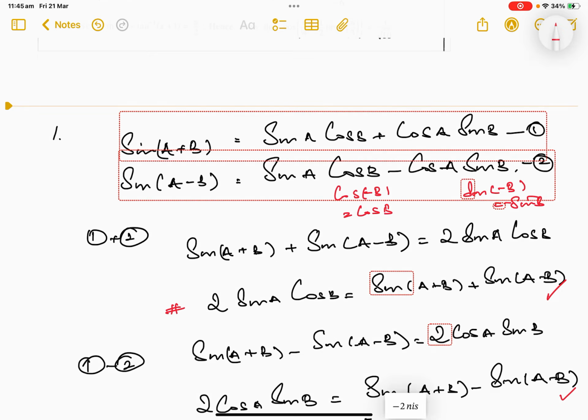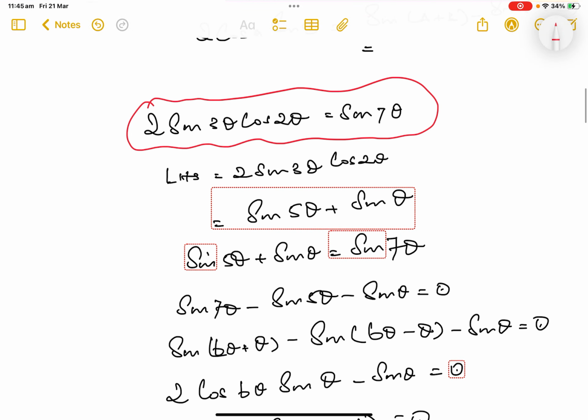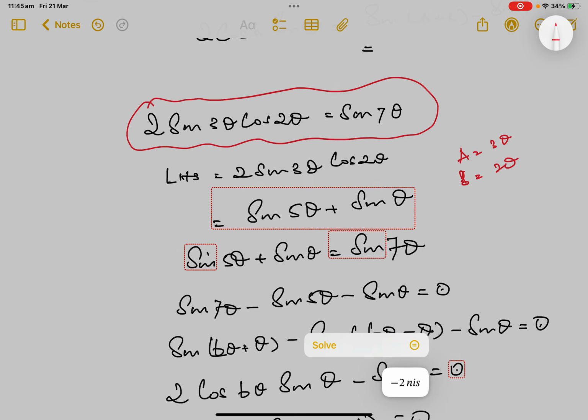If we use that, 2 sine A cos B equals, with A and B: A is simply 3 theta and B is 2 theta. So sine A plus B, 3 plus 2 is 5 theta, plus sine A minus B, 3 minus 2 is theta.